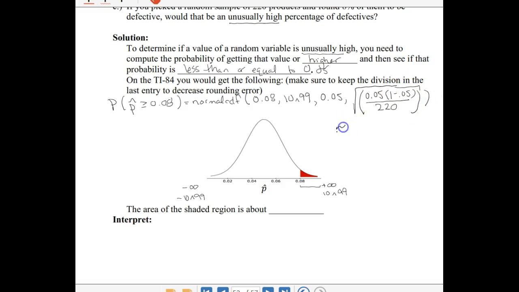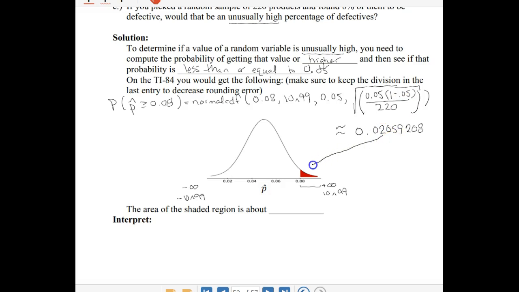If we enter that onto the calculator, our output here would be 0.02059208. You should pause the video here and grab your calculator and make sure that when you go into normal CDF and type these 4 inputs, you get this on your output screen.